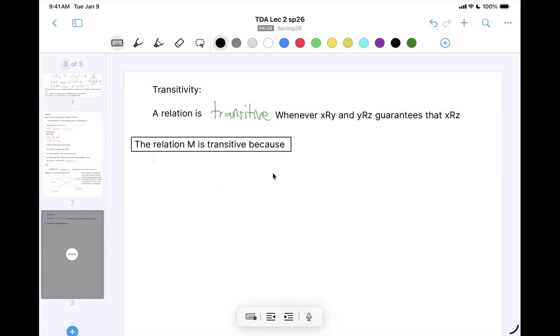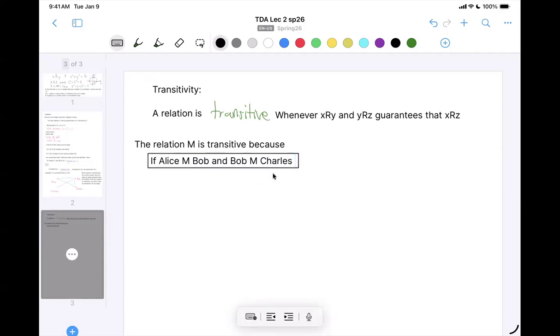That forces it. Let's just use Alice, Bob, and Charles: if Alice is related to Bob in the sense that they have the same major, and Bob is related to Charles in the same sense, then that forces Alice and Charles to have the same major.